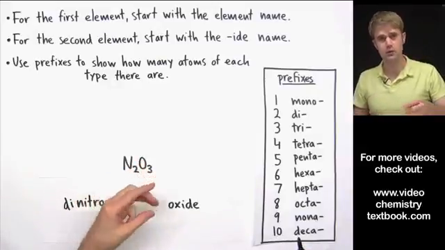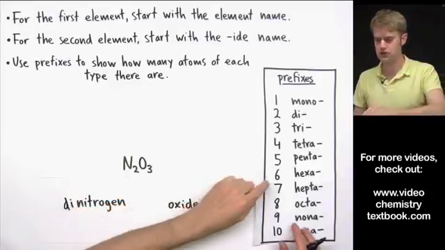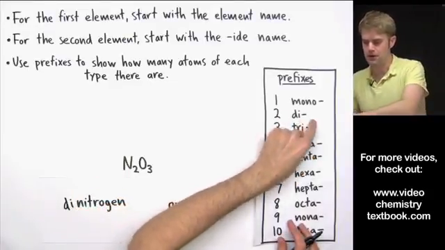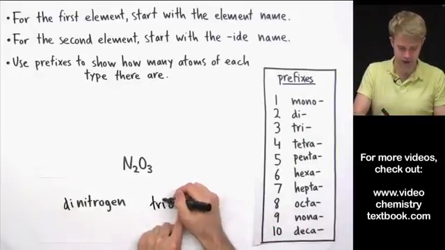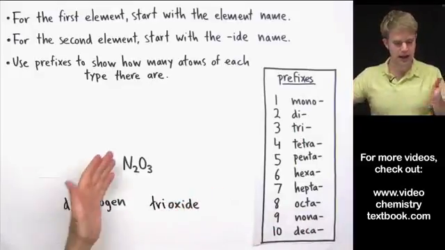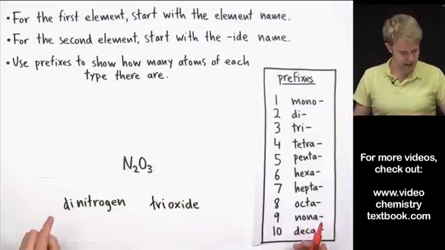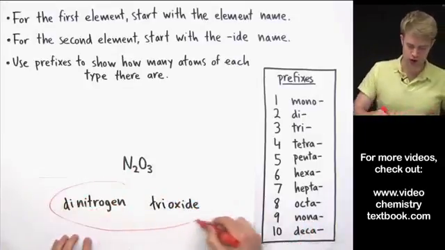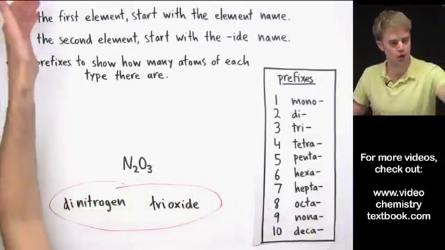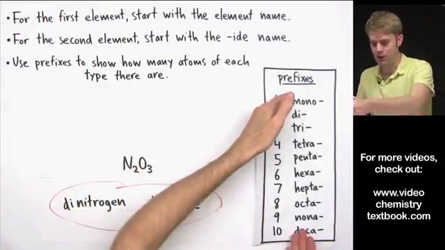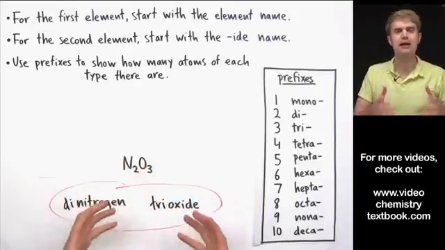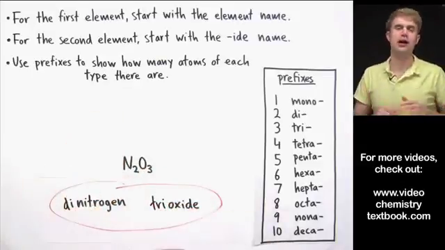O3 means we have three oxygens, so I'm going to use the prefix tri in front of oxide. The name for this compound is dinitrogen trioxide. We put the element name here, the IDE name here, and then use the prefixes to indicate how many atoms of each type we had.